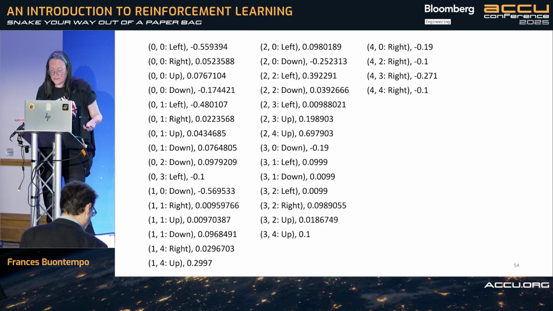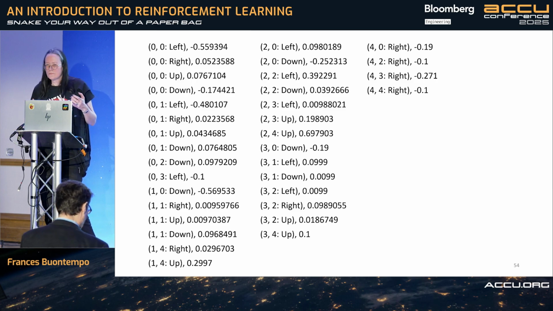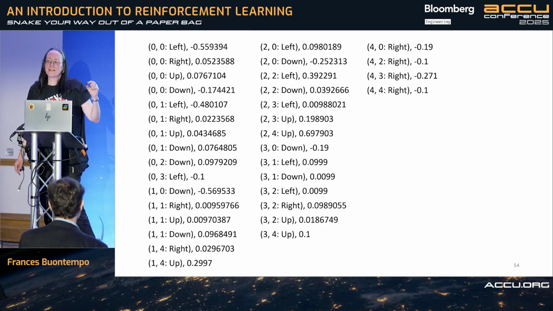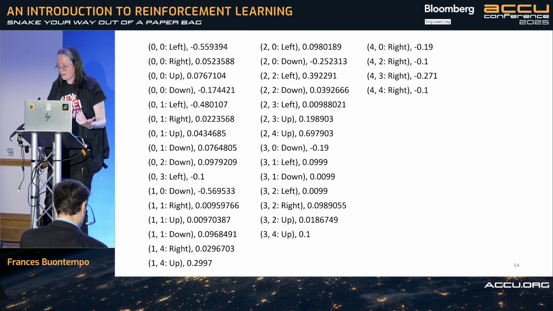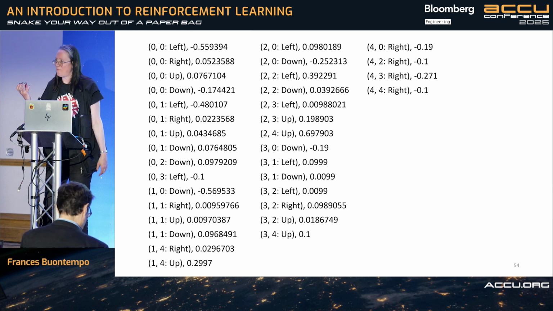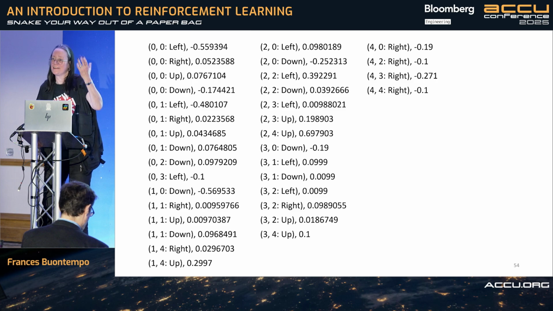Whereas you can see things saying going up is good. But the information that's missing, if I just look at the Q table, is if it eats an apple, it's got a reward. Then that apple goes away and turns up somewhere else.